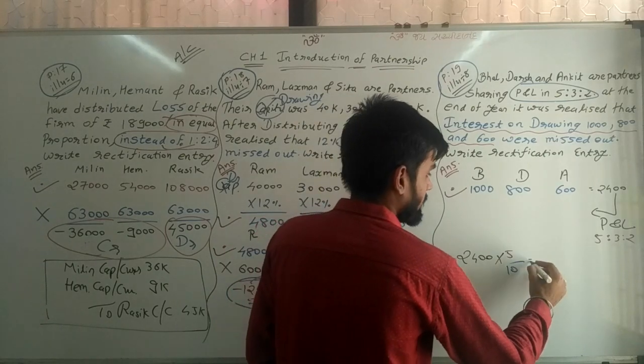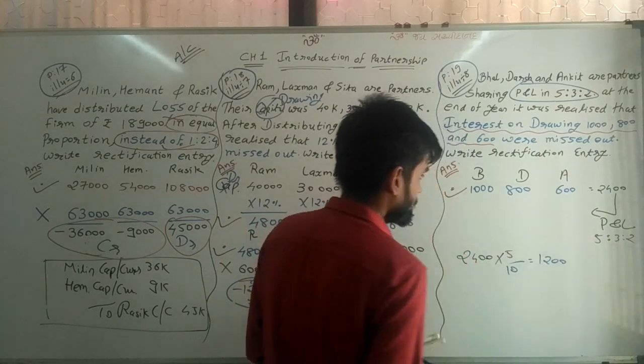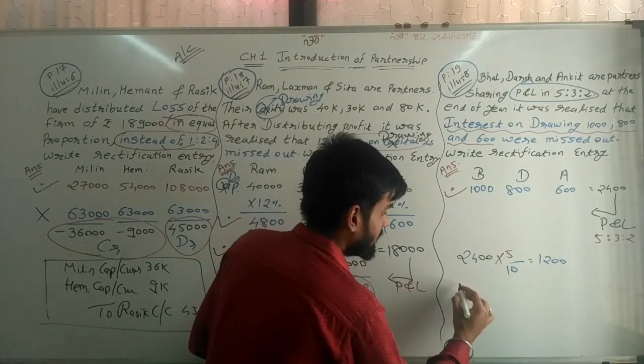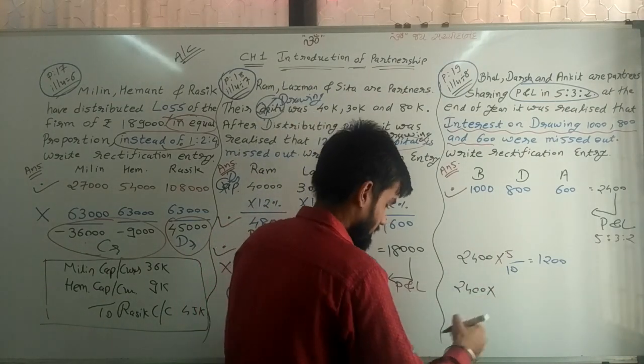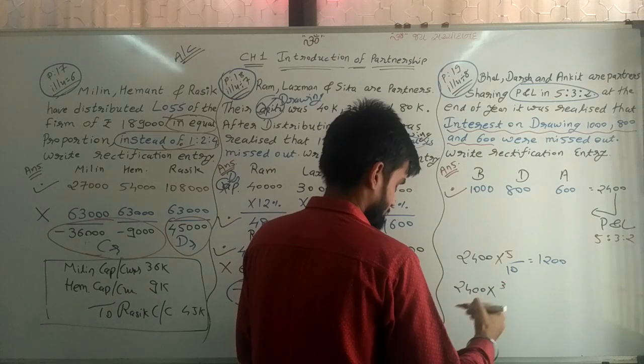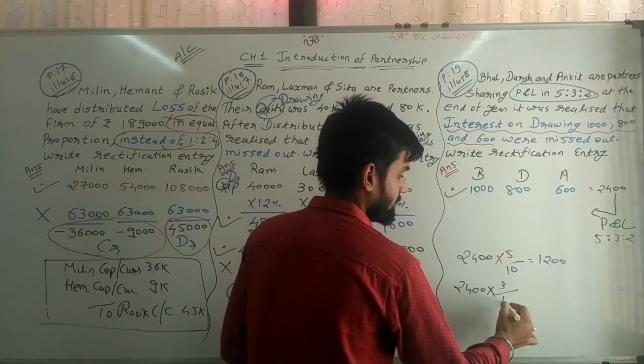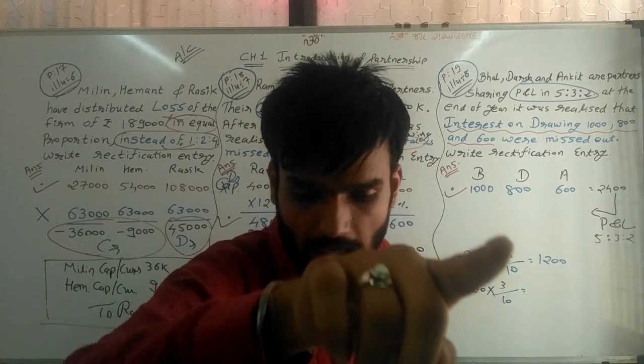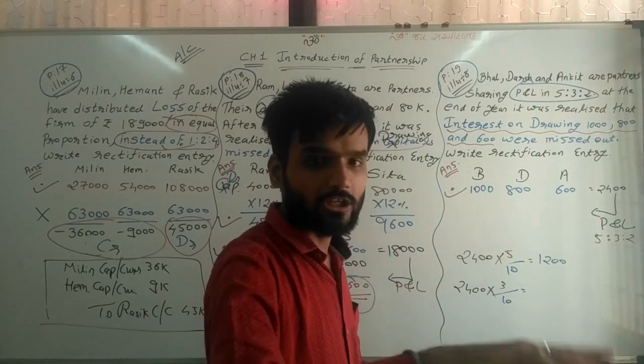In the same way, for the second, 2400 into 3 divided by 10, you will get 720 rupees.